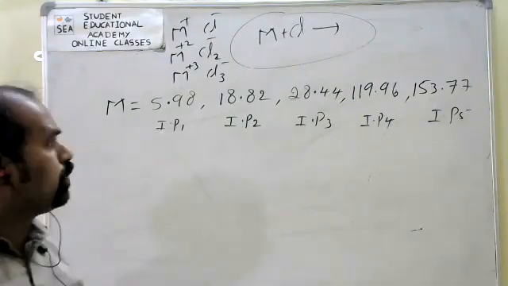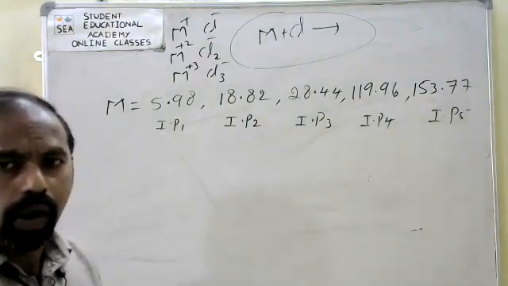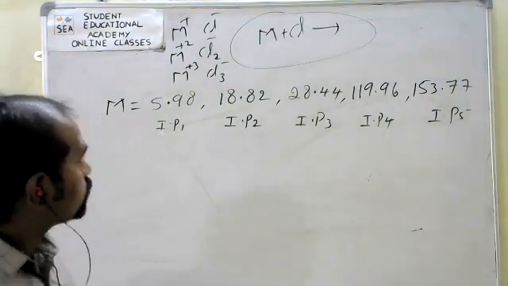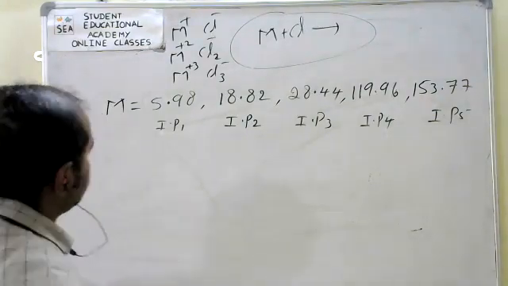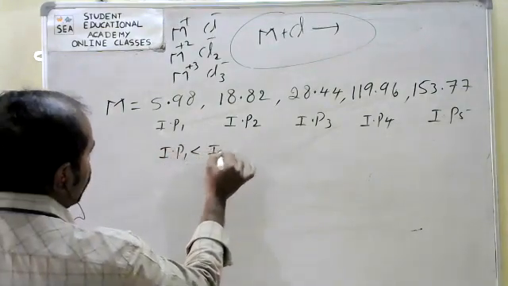Which is stable? Anyone, guess? +3. Very good. How to know that? See, IP1 is commonly less than IP2.